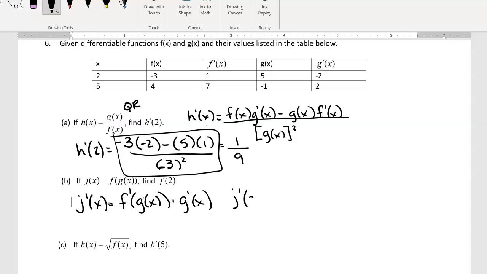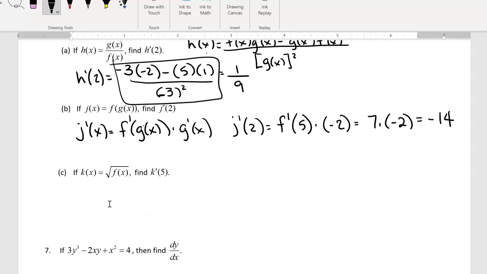So j prime of 2 is f prime of g of 2, but g of 2 is 5, so I got to plug that in, times g prime of 2, which is -2. F prime of 5 is 7, so 7 times -2, which again, if you left it, that was fine, or if you went to -14, that was fine too.